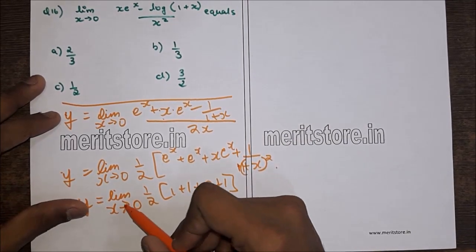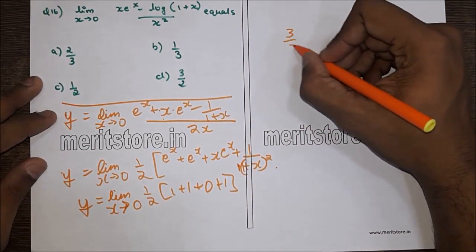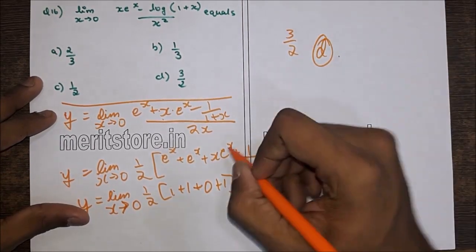Now applying the limit of x tends to 0 on this, we are left with nothing but 3 by 2, which is option D.